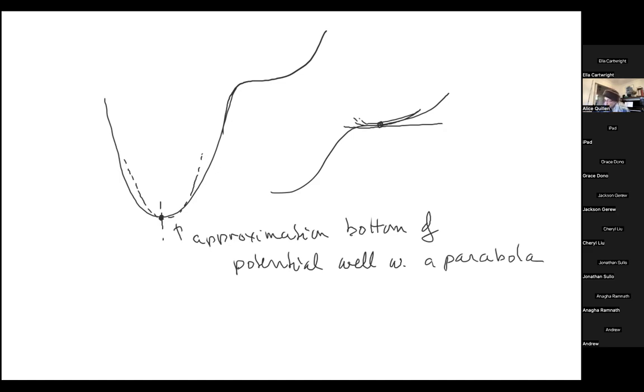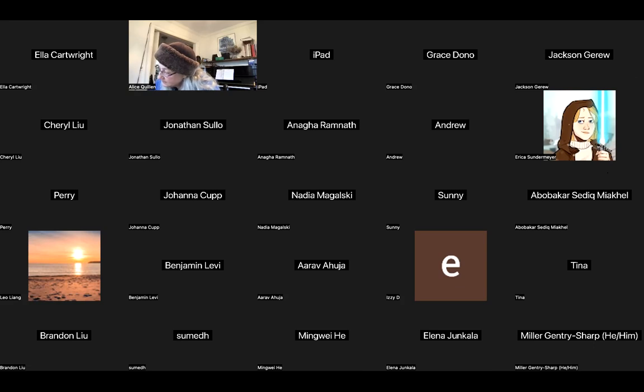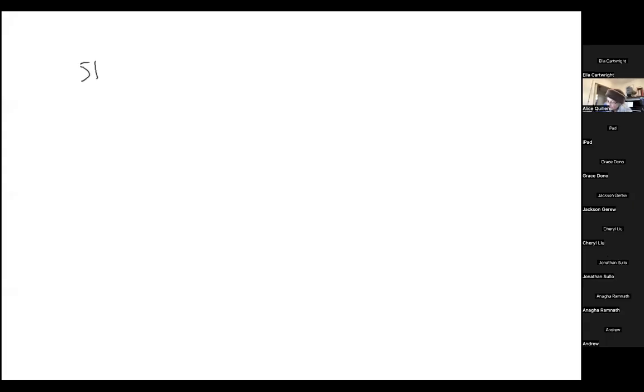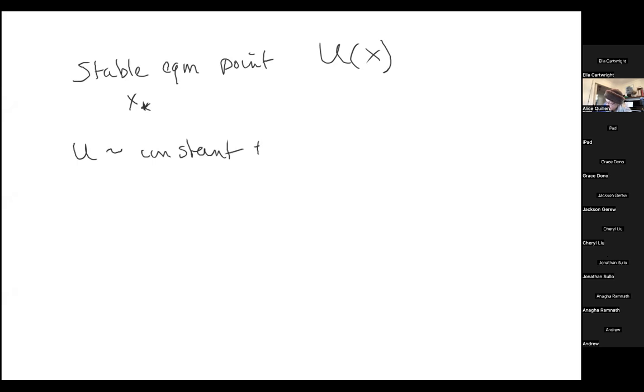If you have a stable equilibrium point x star and a potential energy function, then near the equilibrium point the potential looks like this, plus 1/2 k (x minus x star) squared, where k is the spring constant, evaluated at the equilibrium point.